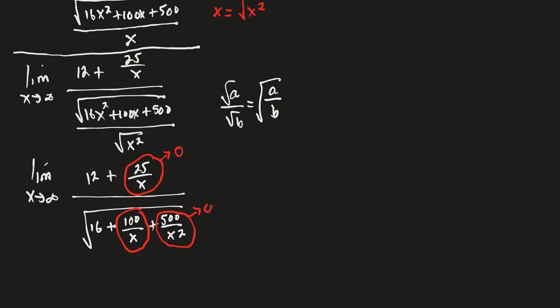And that was the whole point of trying to figure out first what is the highest power of x, and then using properties of roots several times to get a single root in the denominator where either the terms that are left are constants or there are terms that have a positive integer power of x in the denominator, so that as x gets very, very large, these terms approach 0.